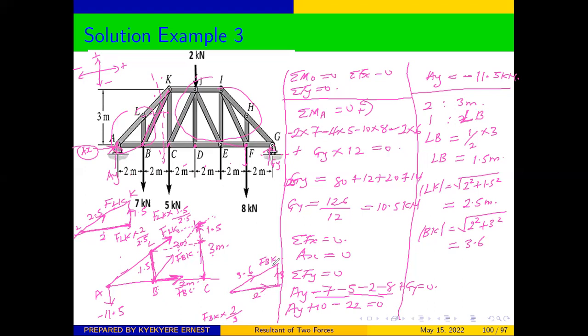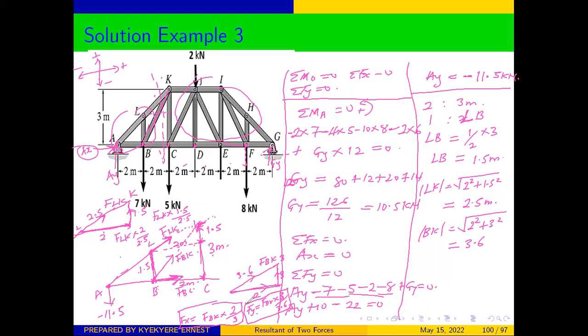And our Y component is going to be FBK times 3 over 3.6. And for that, we have been able to resolve FBK into X components and also Y components.